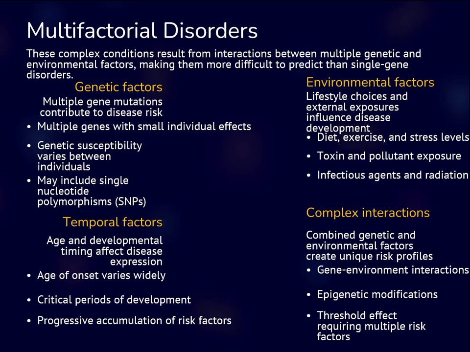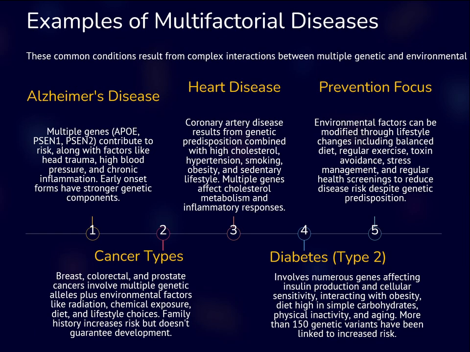Each gene and each lifestyle factor adds something to the final outcome. For example, Alzheimer's disease is linked to certain genes, but also to risk factors like head injuries, high blood pressure, and aging. Similarly, cancers like breast or colon cancer can run in families, but exposures to things like radiation, chemicals, or smoking can increase the risk even more.